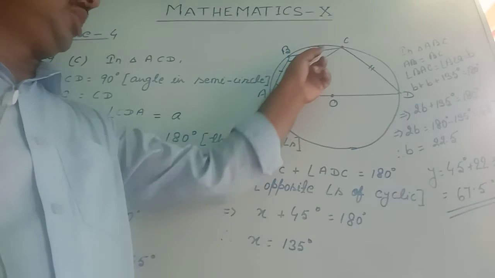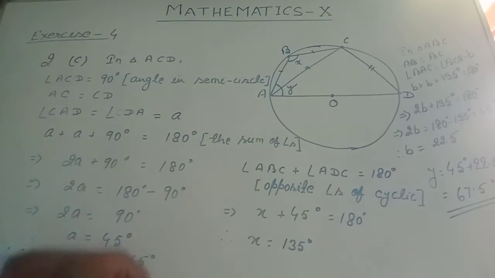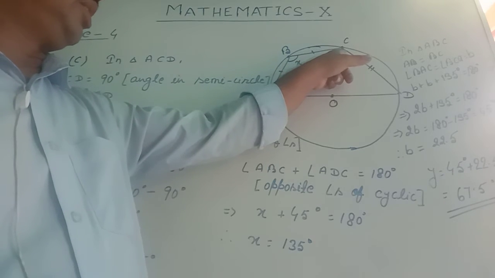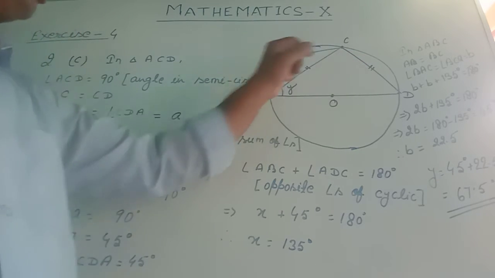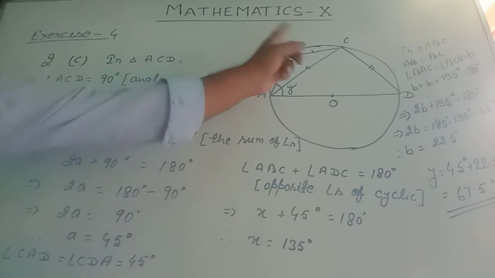In triangle ACD we are saying AC equal to CD, and this angle, that is angle in semicircle, angle ACD is 90 degree. So I wrote in triangle ACD, angle ACD is 90 degree, angle in the semicircle. AC equal to CD, these two sides are equal.